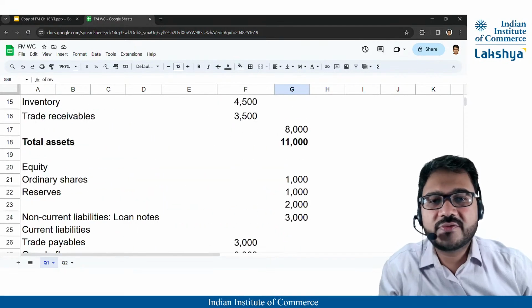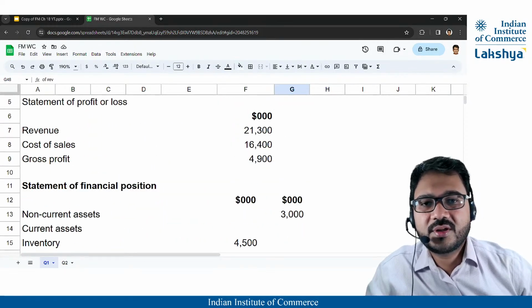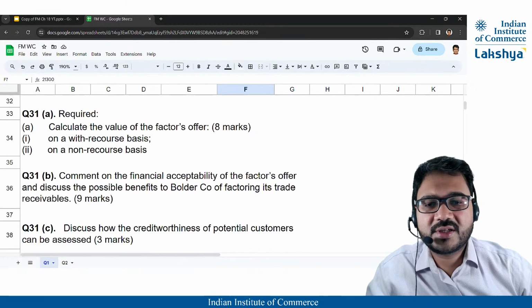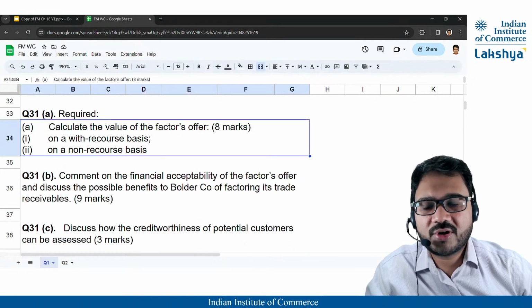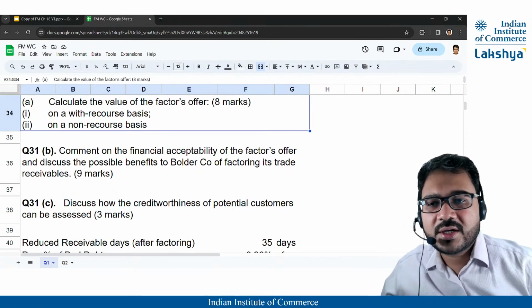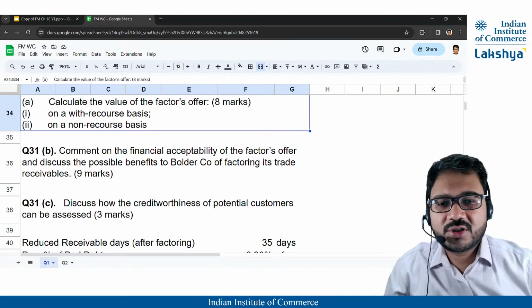That means 100% is credit based sales, nothing is in cash. We are asked to calculate the value of the factor's offer on a with recourse basis and on a non-recourse basis, and then comment whether we should accept it or not.